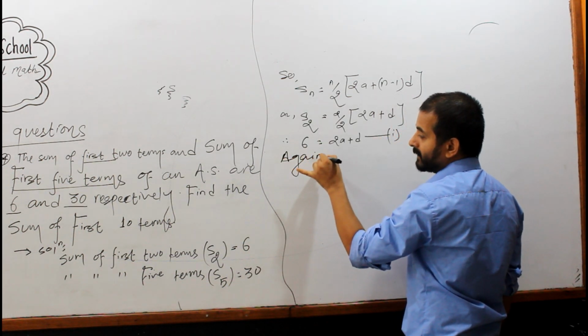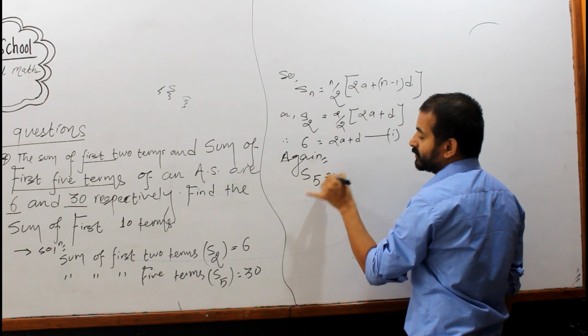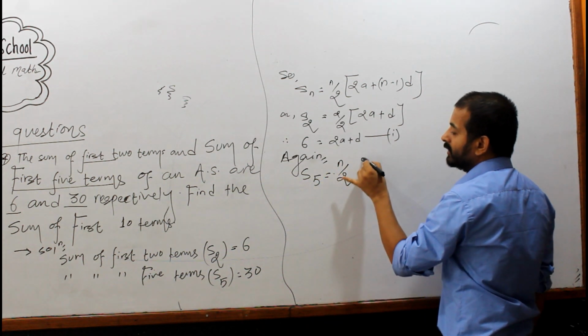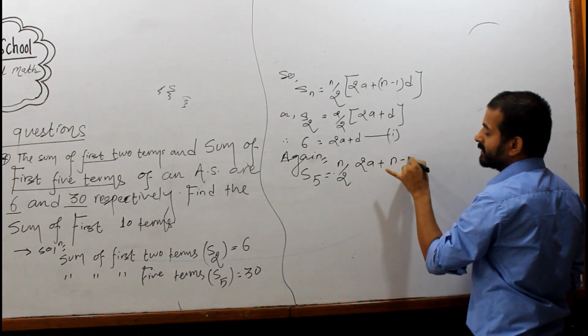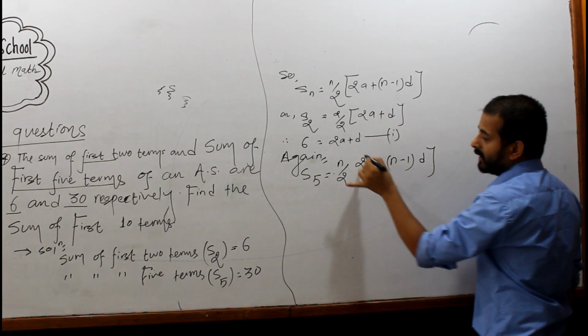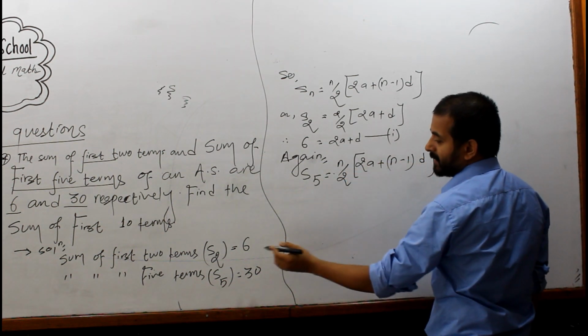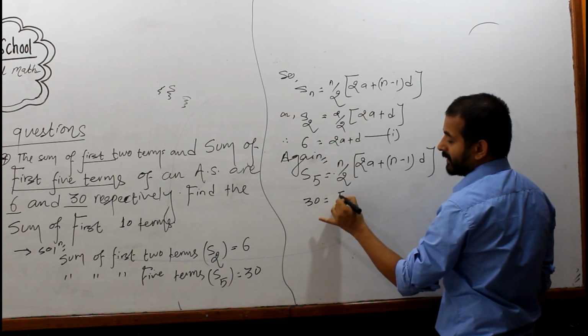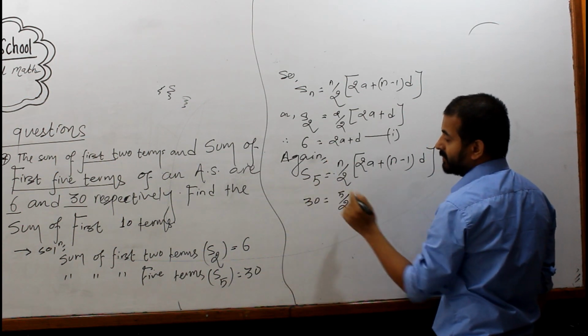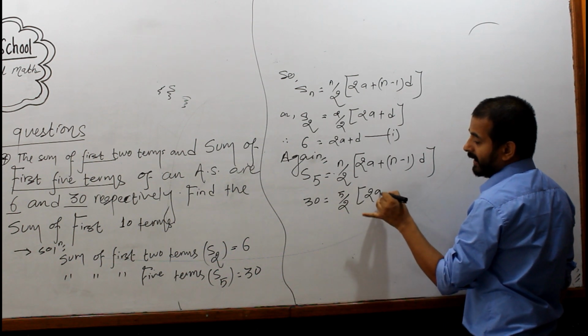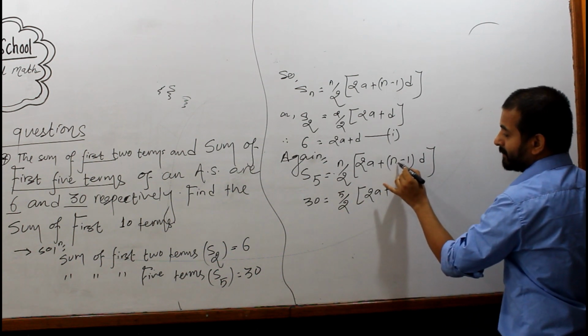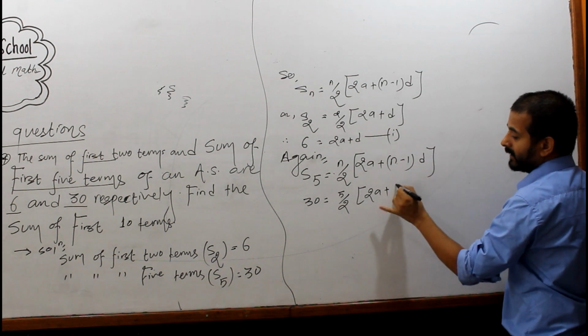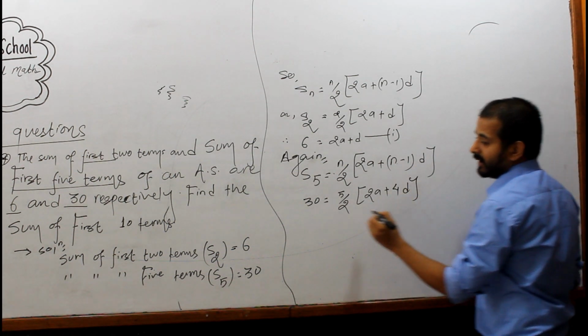Now let's go for another one. Again, S5 equals n by 2 times (2a plus (n minus 1)d). My dear students, S5 is given as 30, so n is 5, 5 by 2, because we are adding 5 terms. We don't know a, and 5 minus 1 is 4, so 4d. We don't have d either.